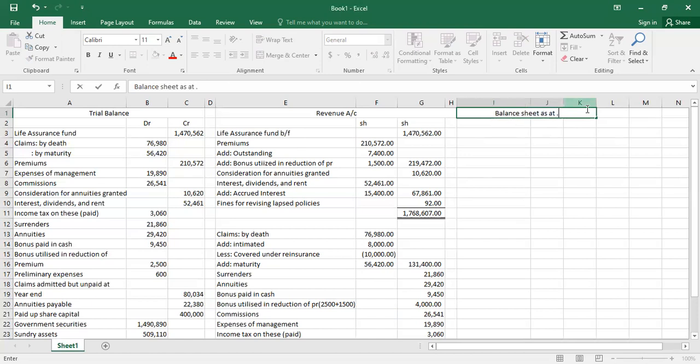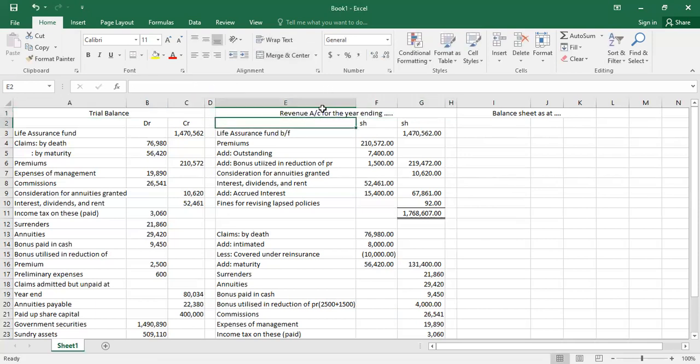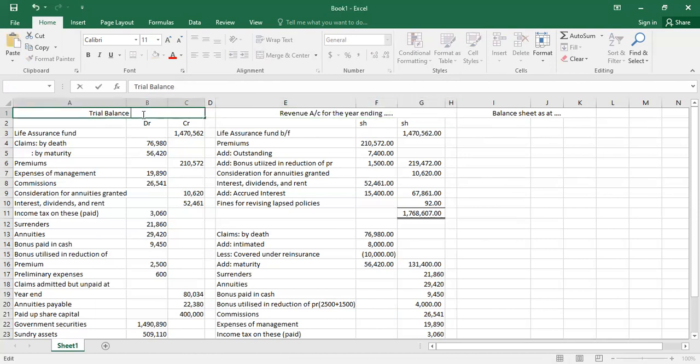For this particular question we didn't have a revenue account, so it is for the year ending, and you put the date. The trial balance is also for the year ending. So the foundations of financial accounting stay; there is nothing that we are violating. These are books of accounts.